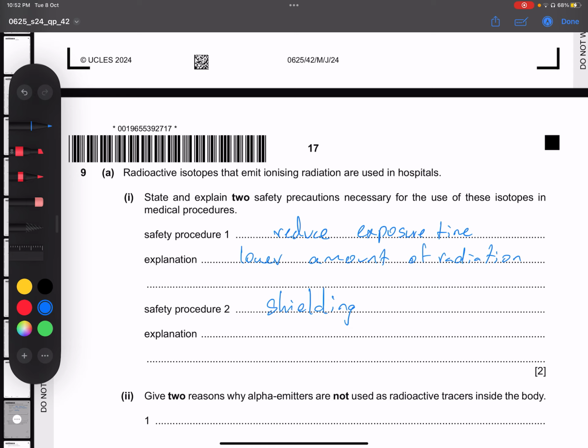This prevents exposure and absorption of the radiation. So you can use lead-lined suits. The explanation is that the radiation cannot penetrate, so it is blocked.